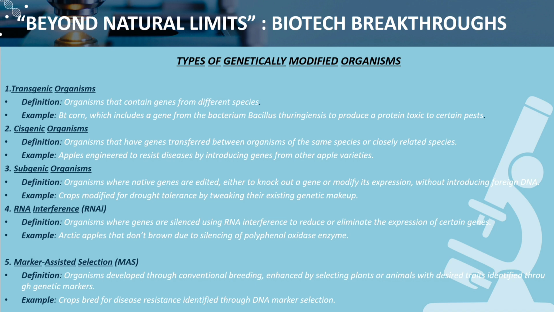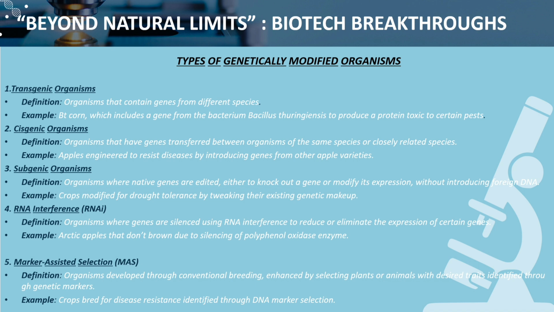And the fourth one is your RNA interference. This technique is used for the silencing of gene expression, when you want to silence a specific gene that encodes a harmful protein, or that you want to eliminate, right? So RNAi is used for the gene silencing process and to eliminate the expression of certain genes.